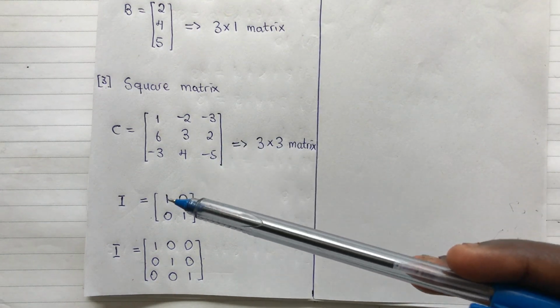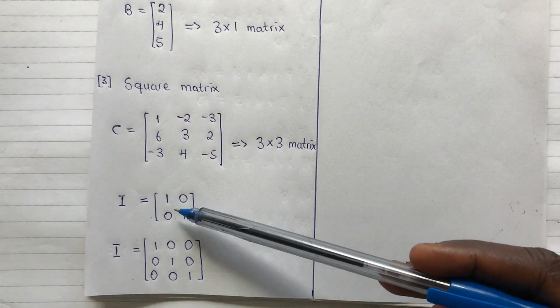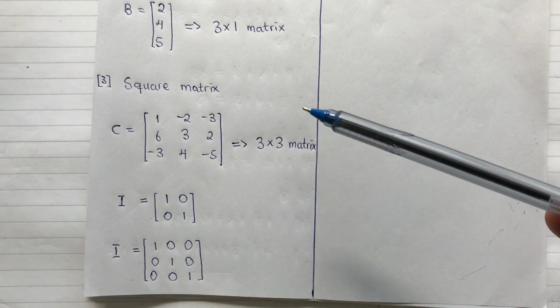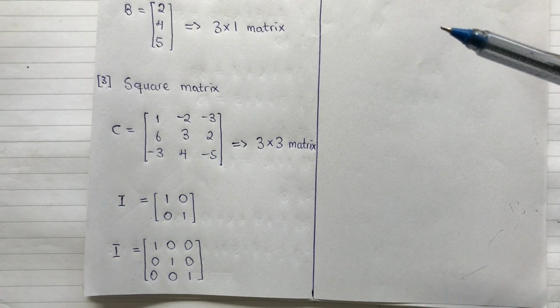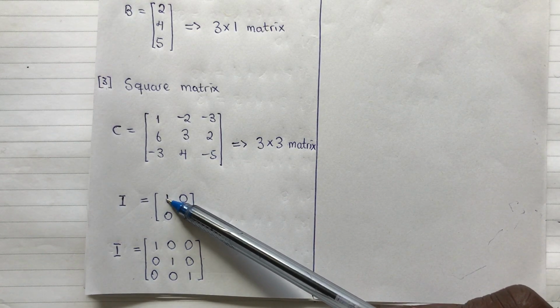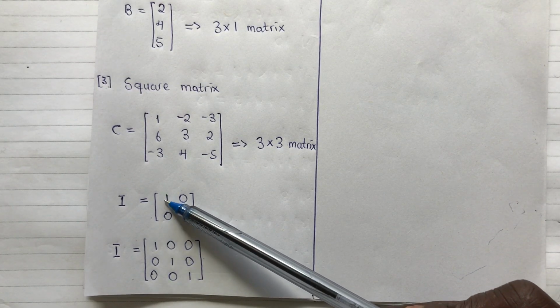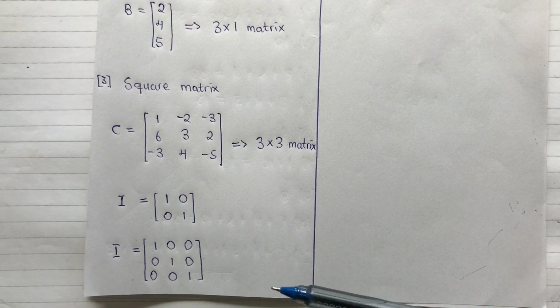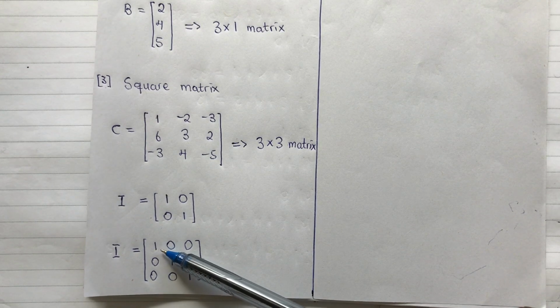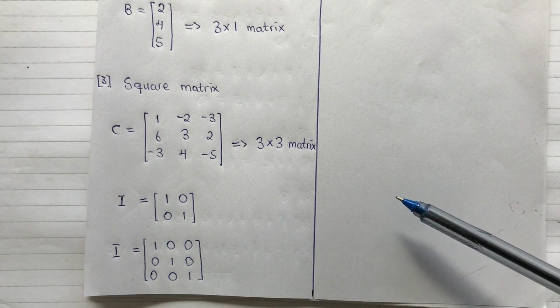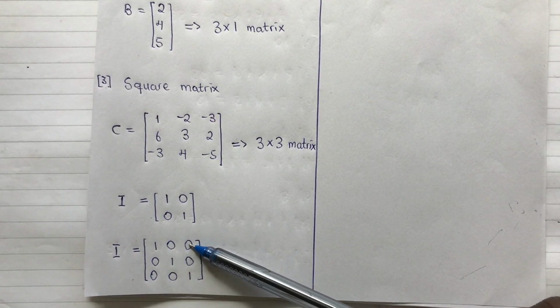So an example of the identity matrix is what I have here. For a 2 by 2 matrix, if you want to write out the identity matrix, you start from 1, the next should be 0, and then you move to 0, 1. So 1, 0, 0, 1. For a 3 by 3 matrix, it will be 1, and the remaining should be 0 on that row. So we have 1, 0, 0.